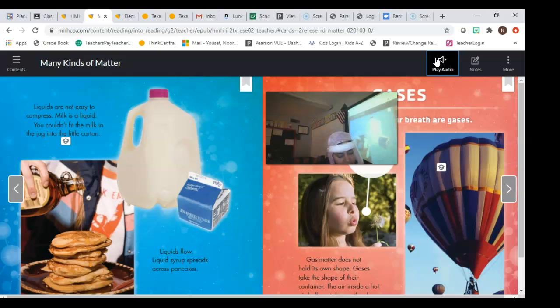Anyway, use what you have learned to tell how solids and liquids are alike. How are solids and liquids alike, and how are they different? How are solids alike? Leah? Very good. And how are they like liquids? How are solids like liquids?